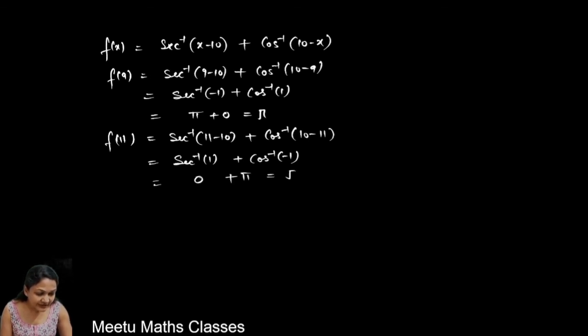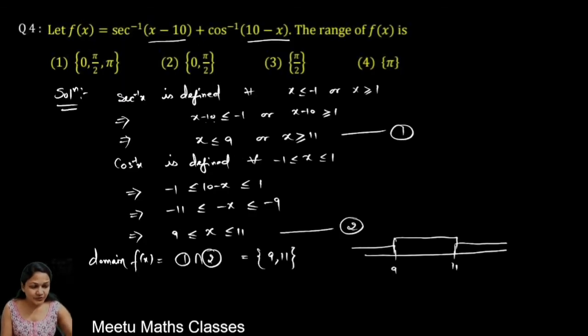So again you are getting pi. So the domain has only 2 points and at both points the value is pi. So the range of f(x) is only pi. So your option 4 is correct.